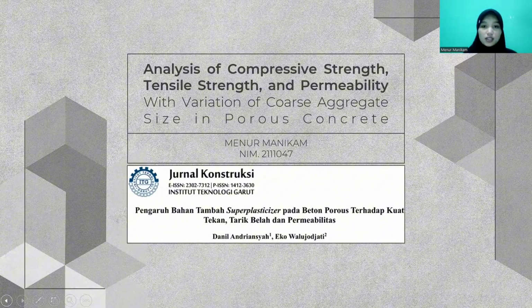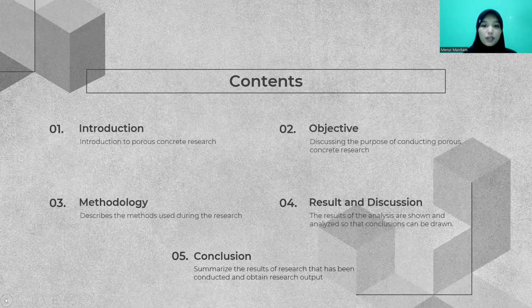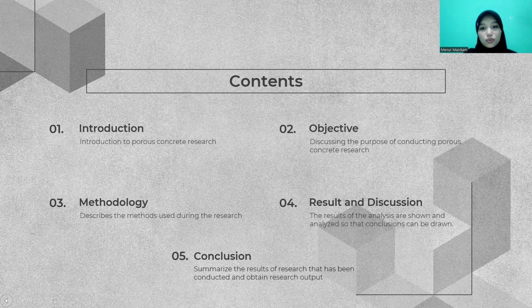This content discusses four main topics, namely introduction. This is the introduction of porous concrete research, and then objective, to discuss the purpose of conducting porous concrete research, and then methodology, to describe the methods used during the research, and then result and discussion, where the analysis is shown and analyzed so that a conclusion can be drawn.